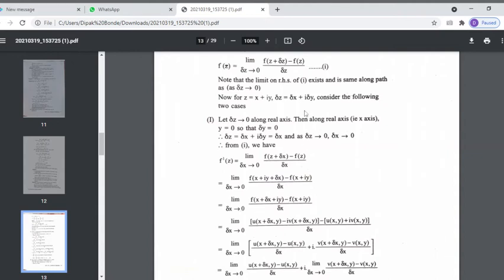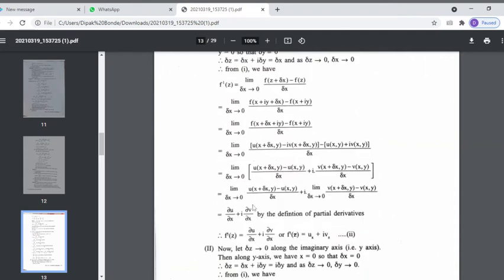By putting these values in f = u(x,y) + iv(x,y), the real part is [u(x + delta x, y) - u(x,y)] / delta x, and the imaginary part is i [v(x + delta x, y) - v(x,y)] / delta x. Delta x is common for both.